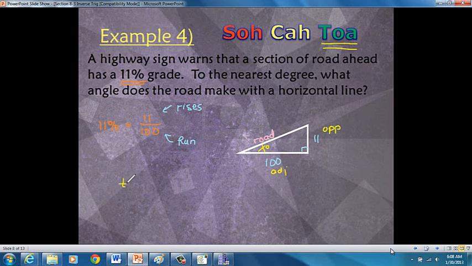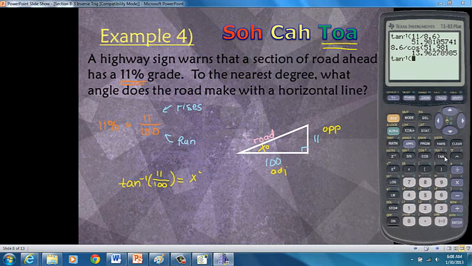I'm going to say the inverse tangent of 11, opposite, over 100, adjacent, will give me the measure of my angle. Type it in. Inverse tangent of 11 over 100 is about 6.2. So that angle is going to be about 6 degrees with the horizontal.